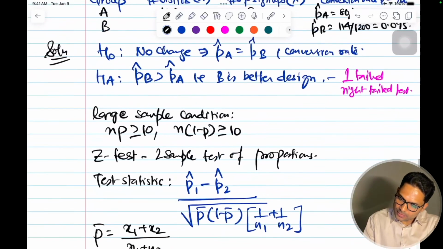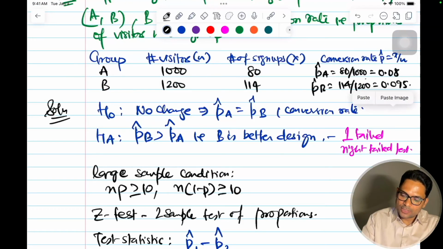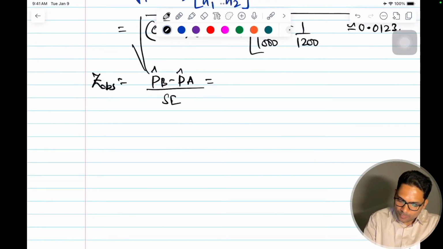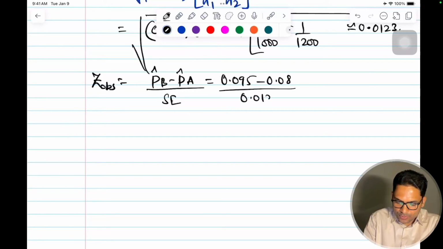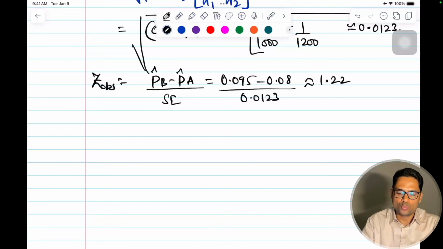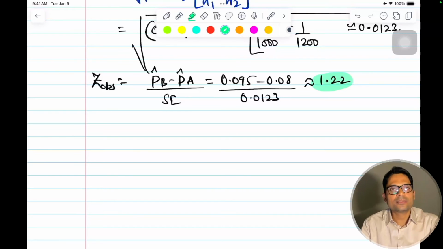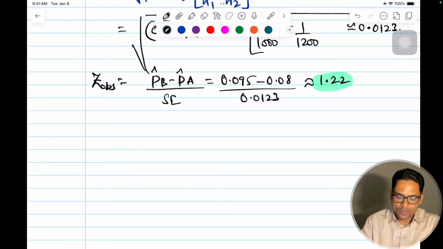We calculated it earlier: 0.095 and 0.08. So 0.095 minus 0.08, divided by the standard error 0.0123. This will approximately come out to be 1.22. So this is your final Z observed.